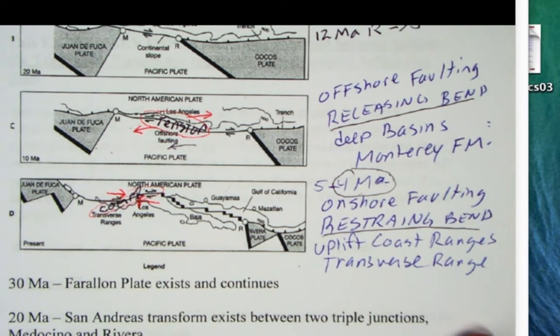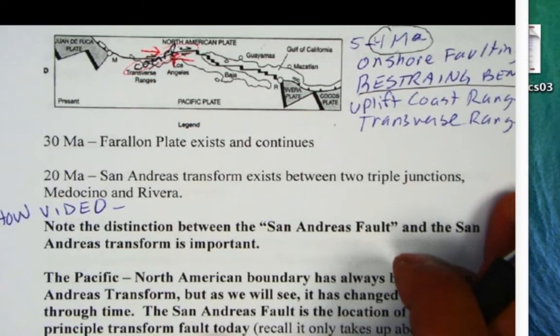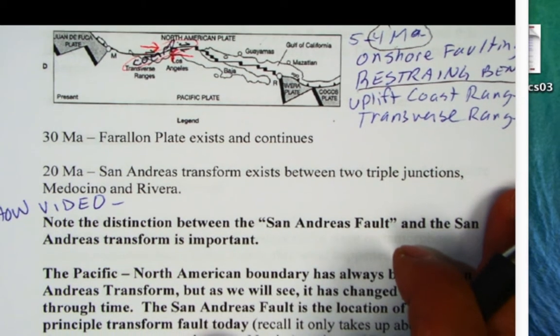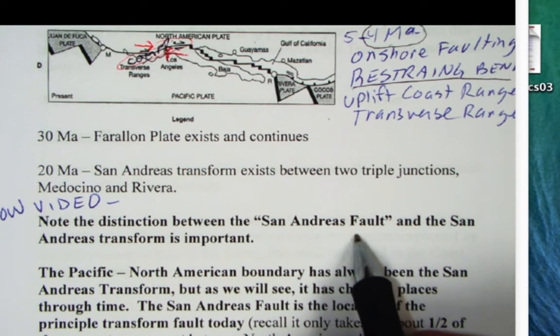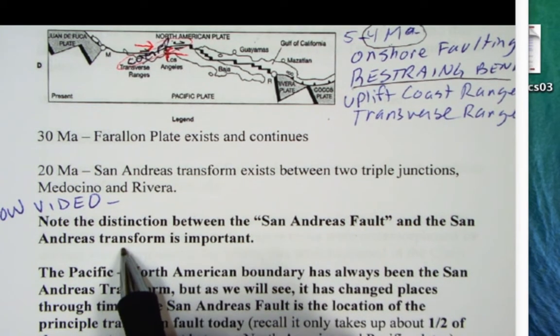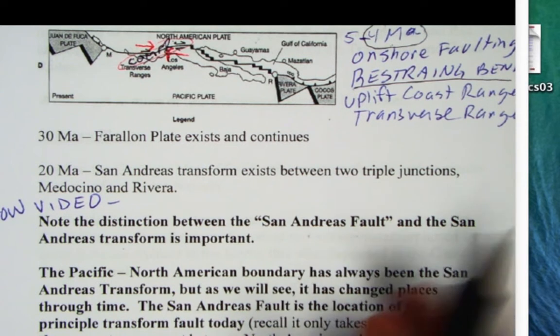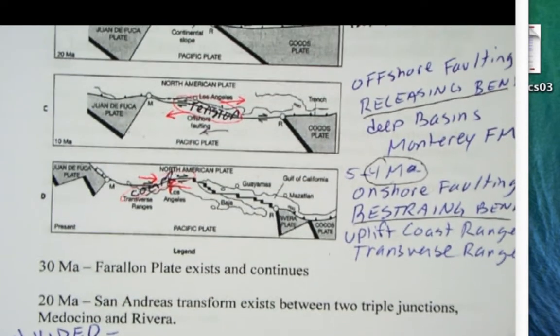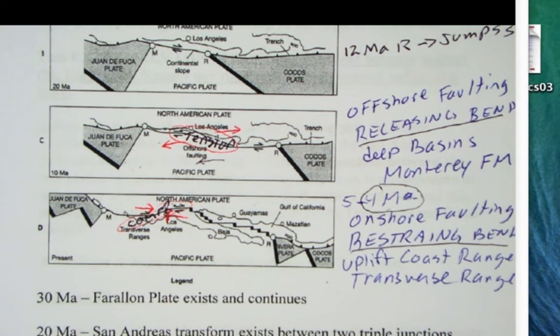Another important thing to make out is, I'm going to show you a video here in a second, but another thing I want to point out is that there is a distinction between the San Andreas fault and the San Andreas transform. And what's important is the San Andreas fault, well, that's a current position of the San Andreas transform. What I want you to know about the transform margin is basically the plate tectonic margin between North America and the Pacific plate, right?